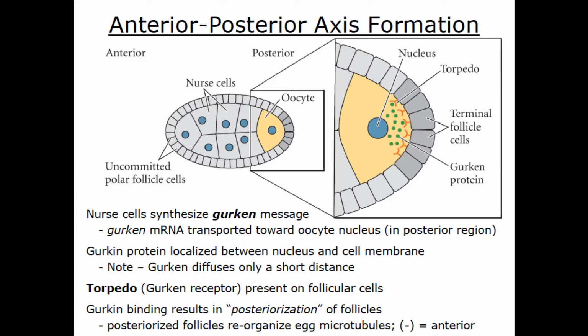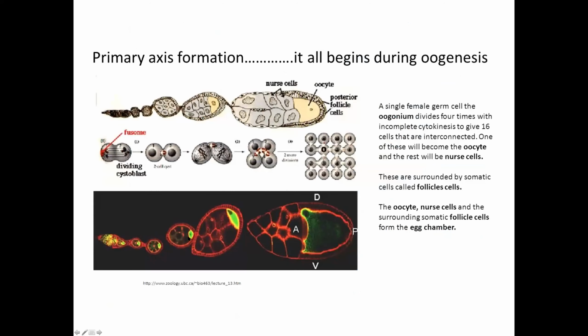Torpedo, not torso. And now what happens is that these nurse cells synthesize Gurken and it is transported into the oocyte. Now Gurken actually stays very close. You can see, I think green here is Gurken.